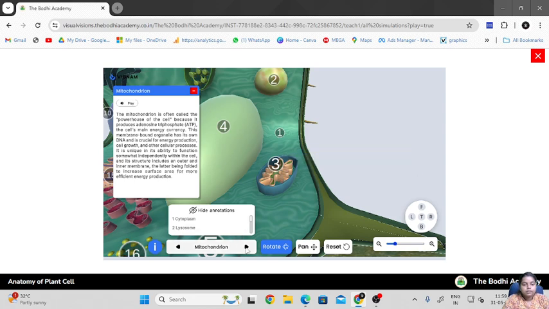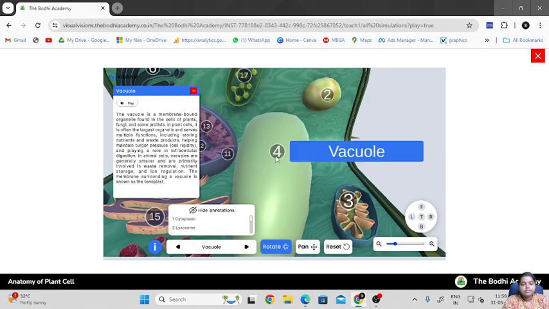Next organelle that we will see is the vacuole. What is it? It's a membrane-bound organelle that is found in plant cells, and is absent in animals. In a plant cell this is one of the largest organelles. What is the function of the vacuole?